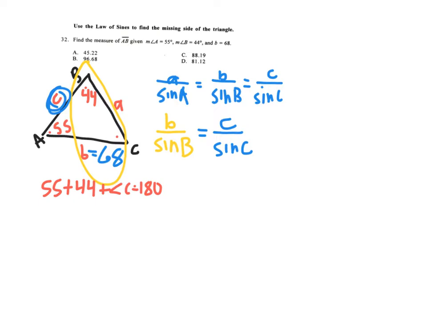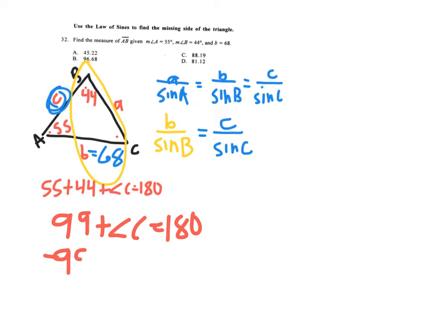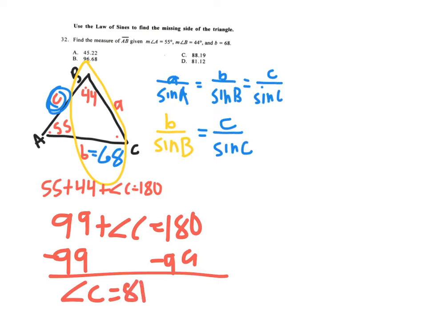When I do 55 plus 44, I get 99. So we have 99 plus angle C equals 180. We're going to subtract 99 from both sides. And when I do that, I get angle C equals 81. So this part here is 81.